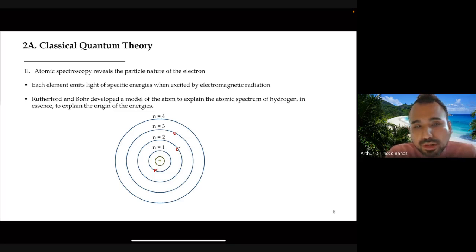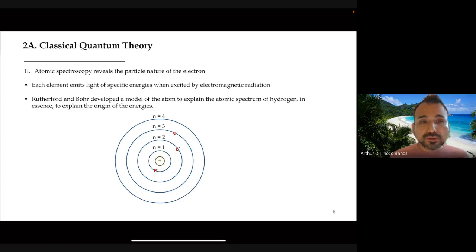So here I provide this really simplistic model of the atom, which at the time was quite useful to give an understanding of the composition of the atom with respect to where the electrons are located and how they exist with respect to the positively charged nucleus.